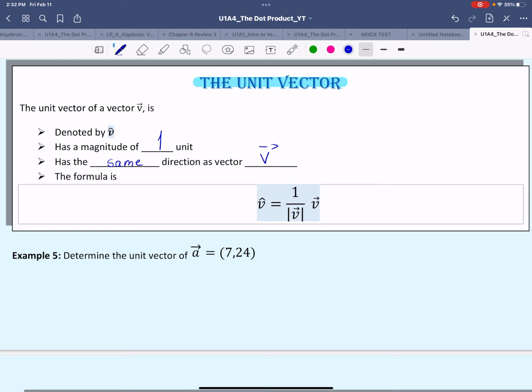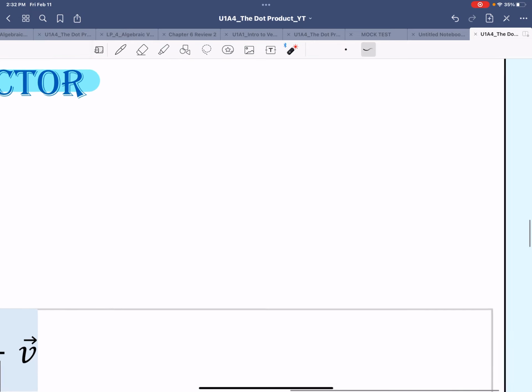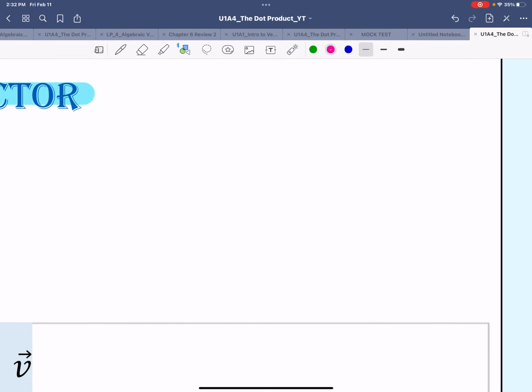The formula for the unit vector may seem a little bit complicated at first, so let's break this down. I'm going to draw some vector here, and we're going to call it vector v, since we were talking about vector v.